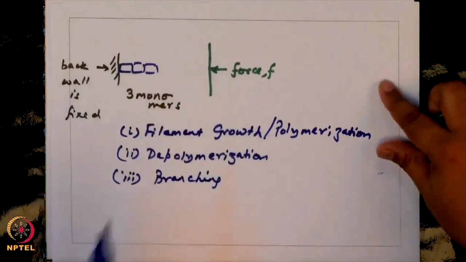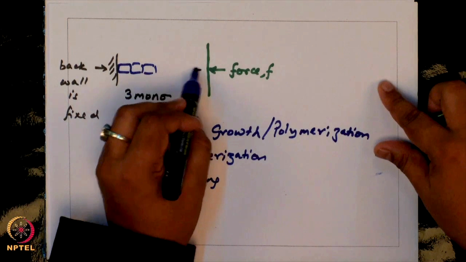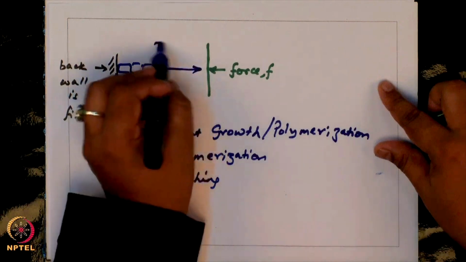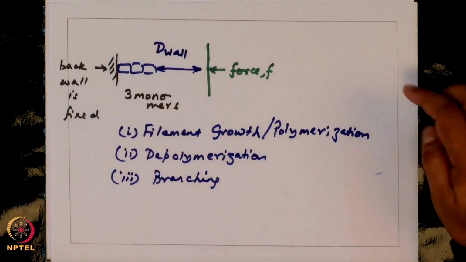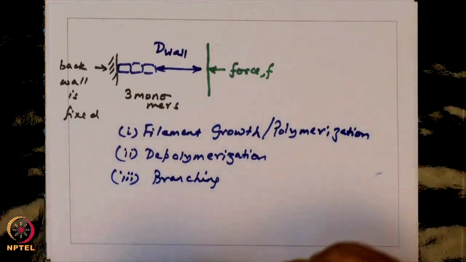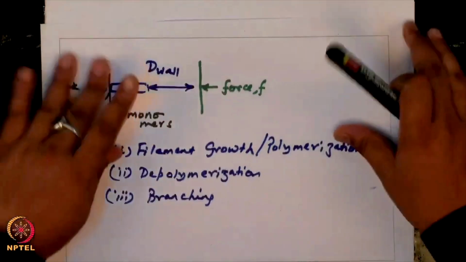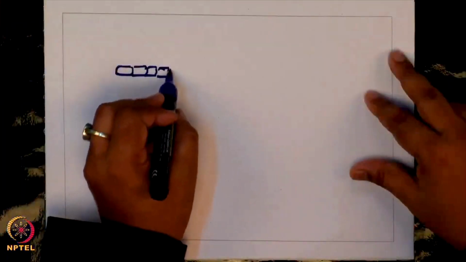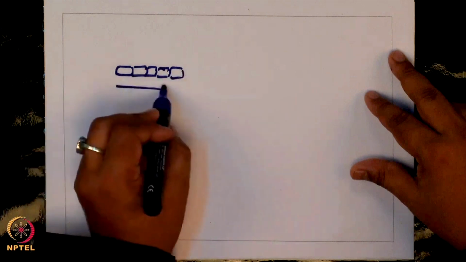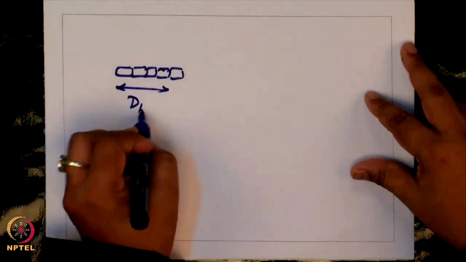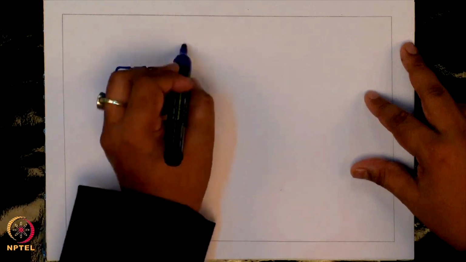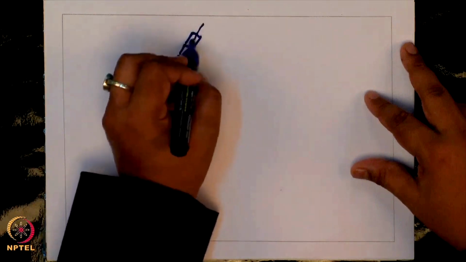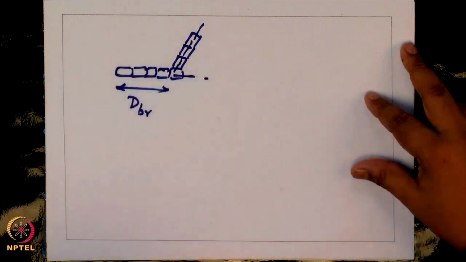So, let us assume the initial distance of the filament from the wall is d of wall, and there is another length scale: you need a minimum distance of dBr before a new filament can form and branch from this point.